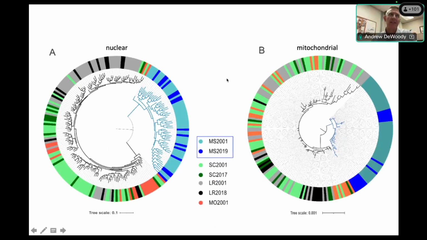We can also use these data not just in simple similarity, but looking at the phylogenetic relationships of all the individuals. And the take-home points here from these two phylogenetic trees are, if you want to think about it this way, these are to some degrees the extended pedigrees of all the individuals in the study. And what we see is that the blue ESU1, which is both the light blue and the dark blue, they're just different time points, those all have a single common ancestor, right?